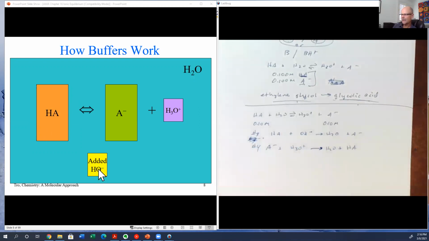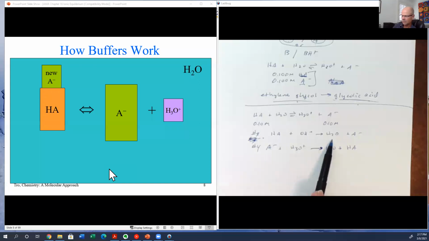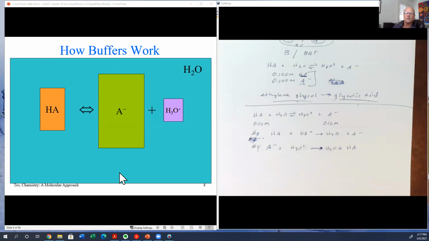So when this added base, right, reacts with the acid, you with me? What happens? It forms more of the conjugate base by this reaction, right? And so the amount of conjugate base goes up. Does that make sense? So that's how a buffer works.